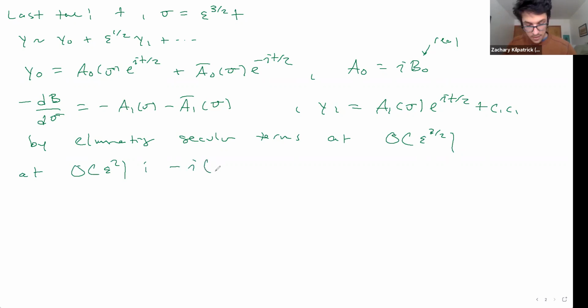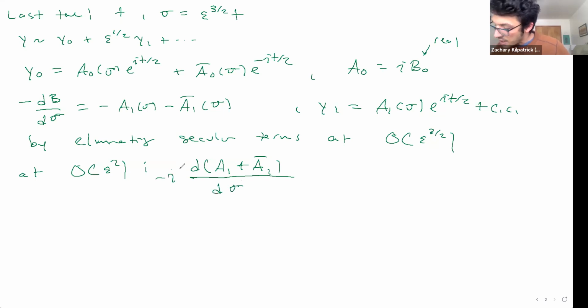minus i (A1 plus A1 bar), let's write this as a derivative using differentials, d/dsigma with a minus i out in front, is equal to iB plus 2A2 iB.